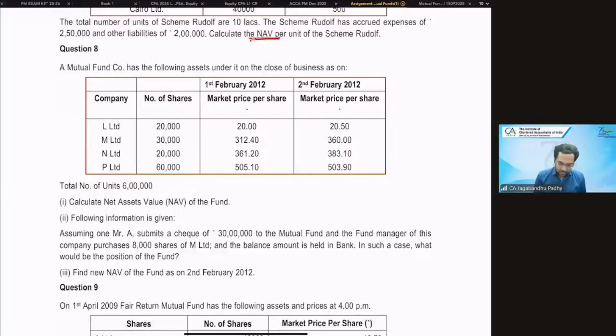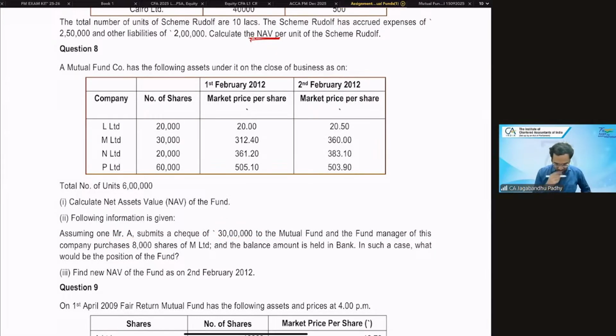So we can definitely get the NAV of the fund on 1st February. Then when we go to 2nd February, we have the new prices. But before 2nd February kicks in, there is a new investor who pays a check of 30 lakhs.